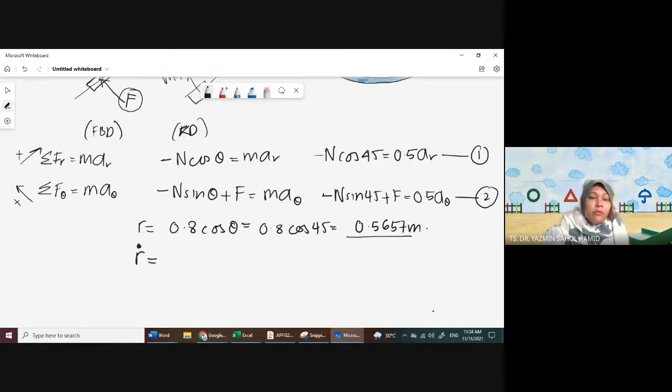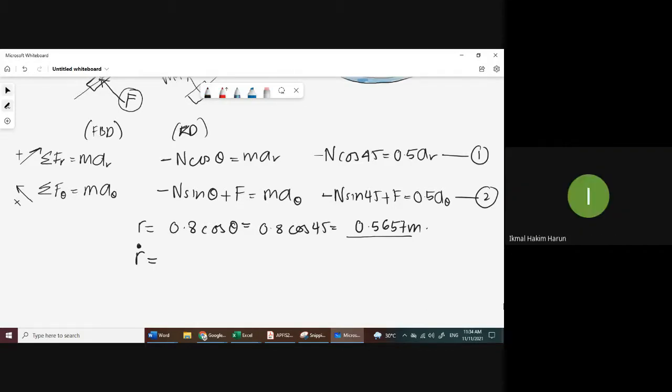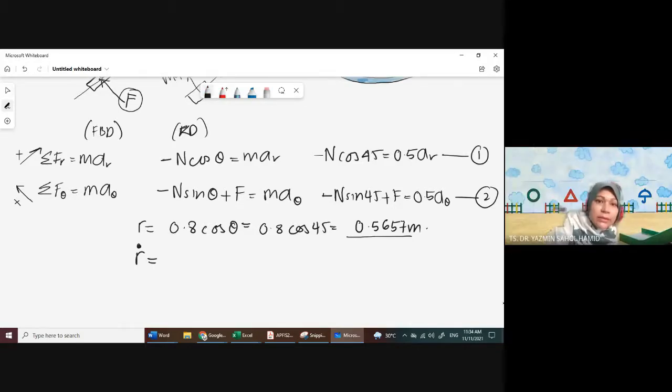So what is R dot? First derivative, what is cos? Cos theta, dia jadi apa? Negative sine. Yes. Negative sine theta dot. So dia akan jadi negative 0.8 sine 45. And then what is your theta dot? 3.